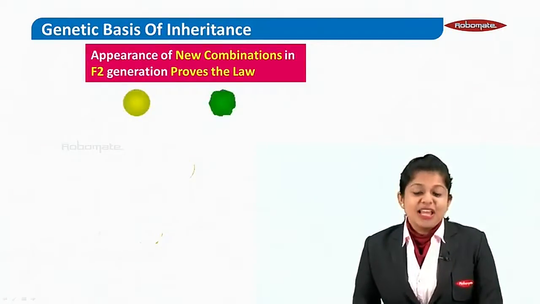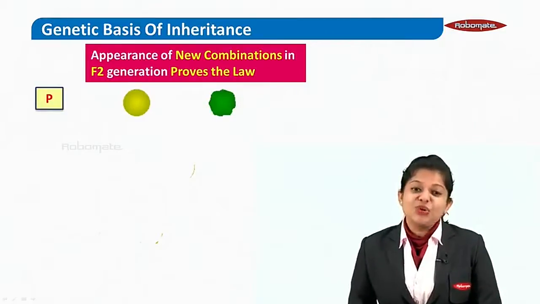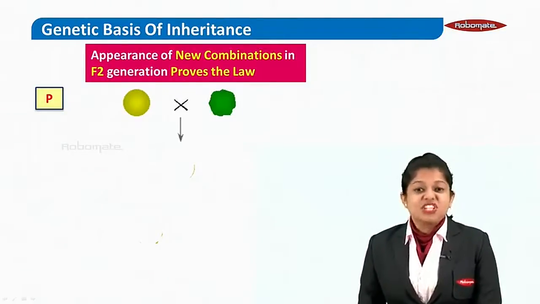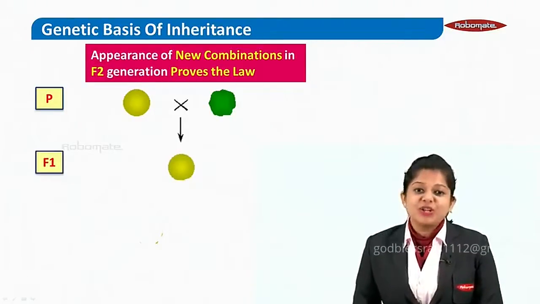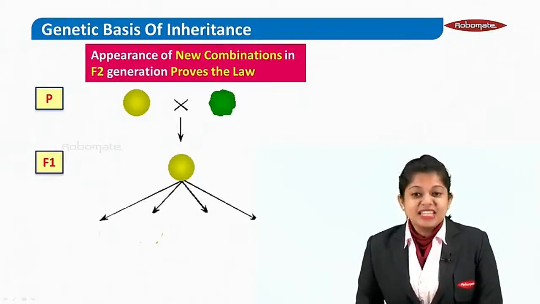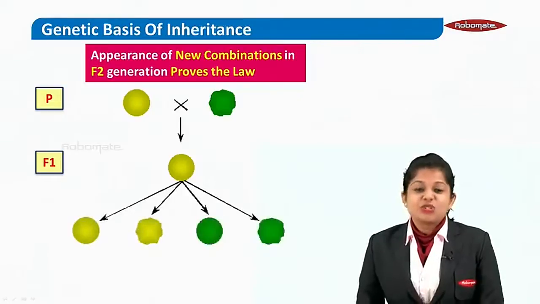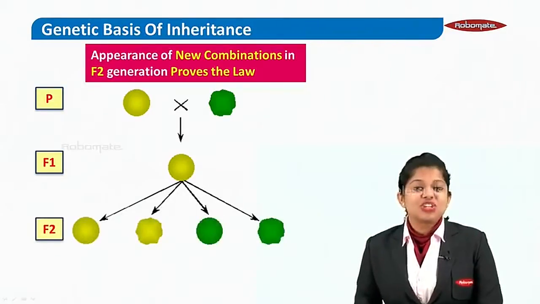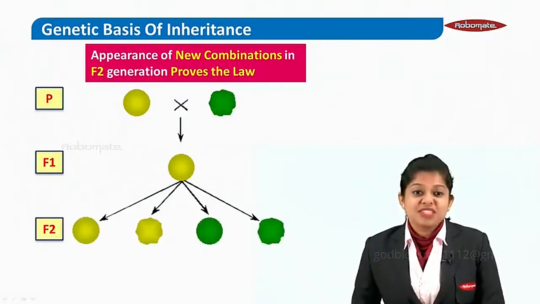Let's see how. Let's say we are having our parents here differing in two contrasting traits, which give rise to the F1 generation, which are all yellow round thanks to the law of dominance. This F1 generation further undergoes selfing to give rise to our F2 generation, where we'll see four different types of seeds.